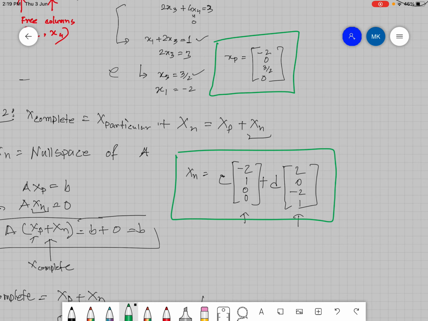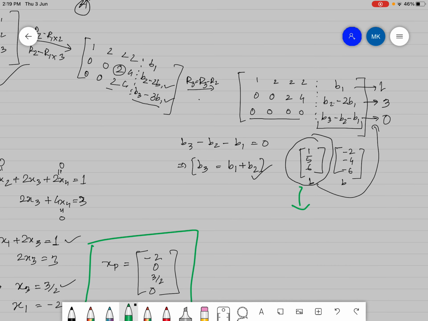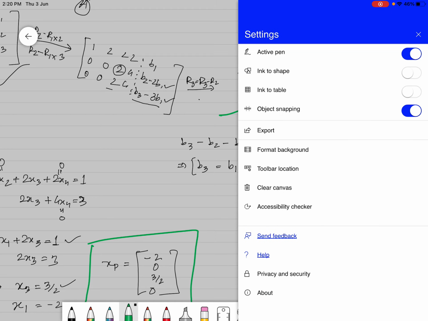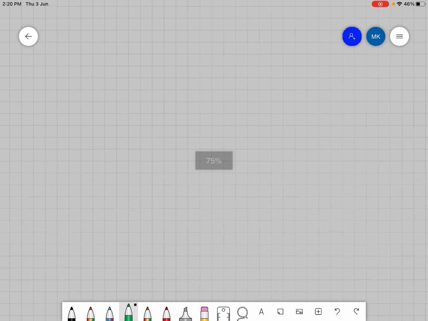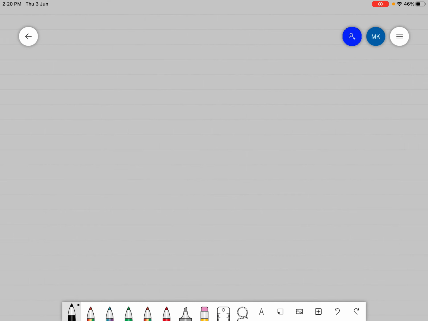Just here, if it wasn't 1 5 6, if it were like 1 5 3, then it doesn't fit with the solvability condition. So in that case you cannot solve that system of equations. Okay, so I need to show you the bigger picture here, like in which conditions we can solve, or how many solutions.